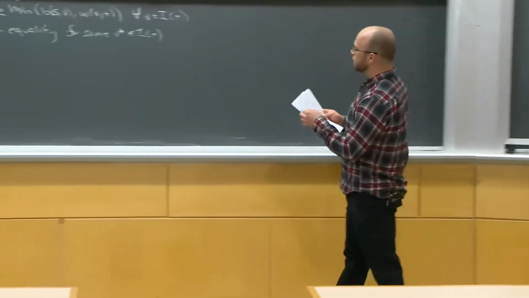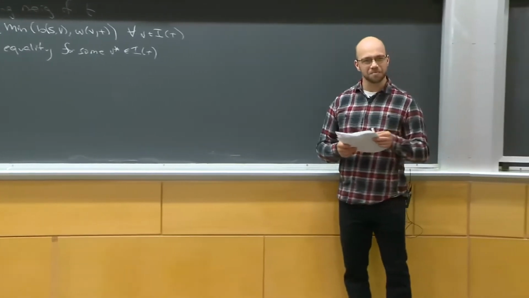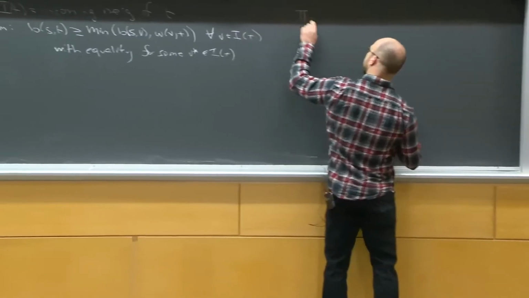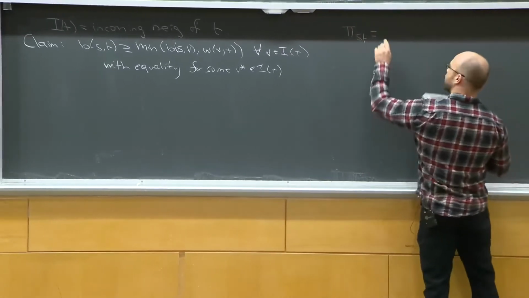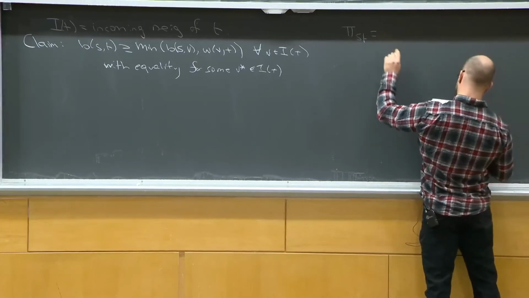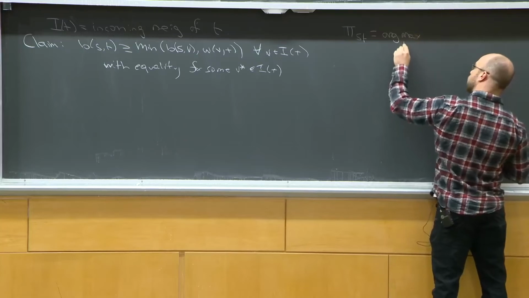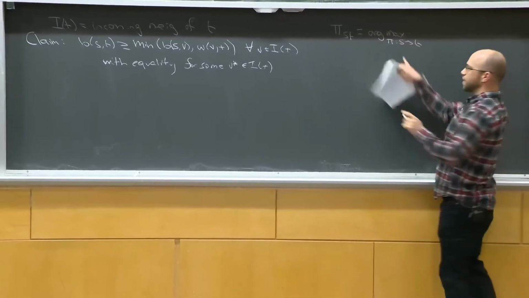Okay, so to that end, I'm going to make a definition which I found to be convenient when I was solving this problem, which is the following. I'm going to say that pi of s comma t is going to be the actual path that gives me the bottleneck. So this is kind of like the arg max over all pi, I'm going to use really bad notation, pi's that connect s to t.